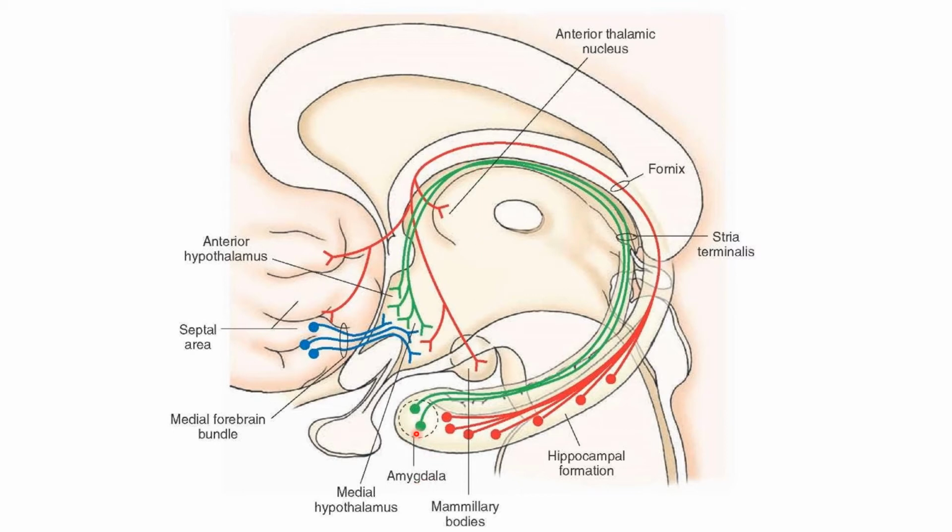Here we have the amygdala, and we have the stria terminalis, not through the fornix. Here is the white matter. You can see the fornix, and here the fornix is connected directly with the hippocampus. And then we have the amygdala connected by stria terminalis to the hypothalamus.